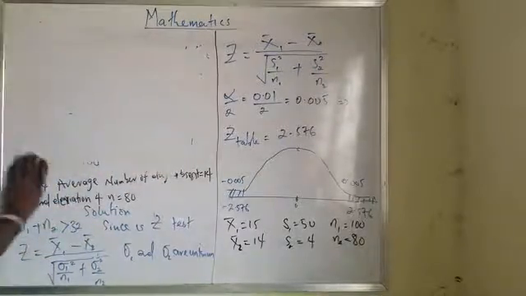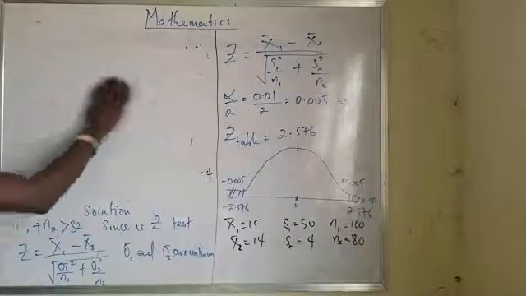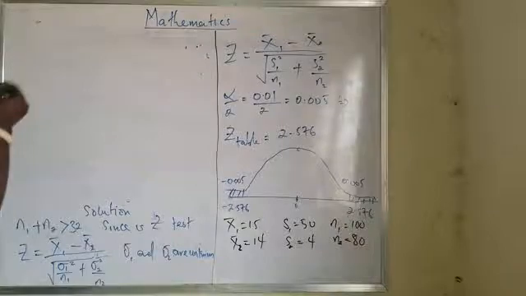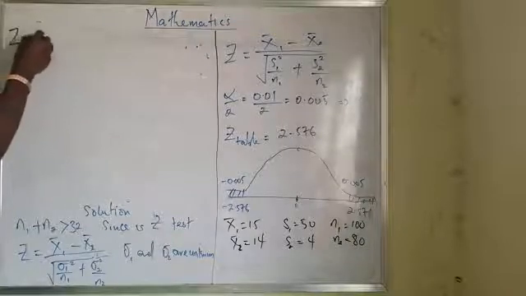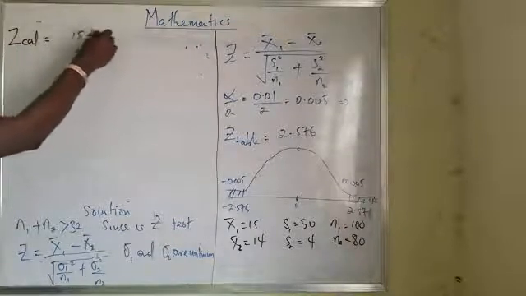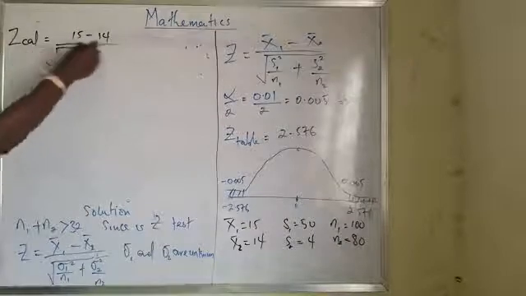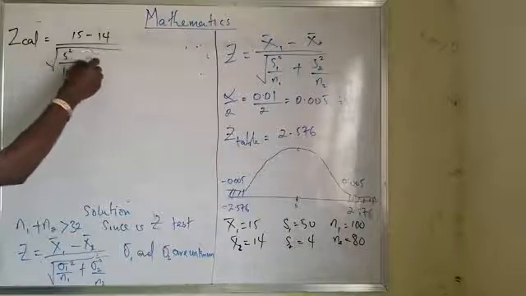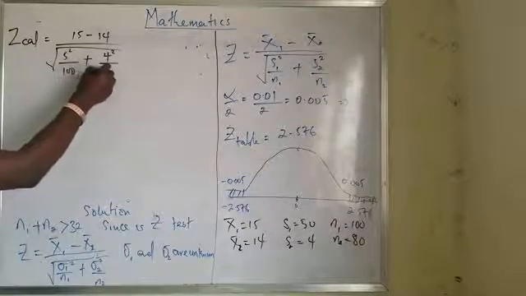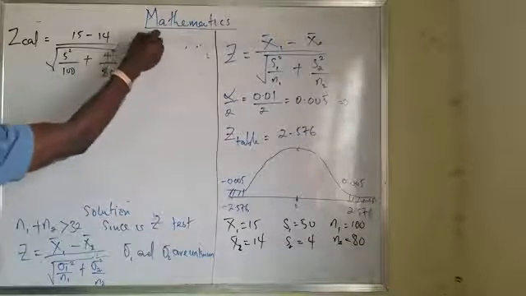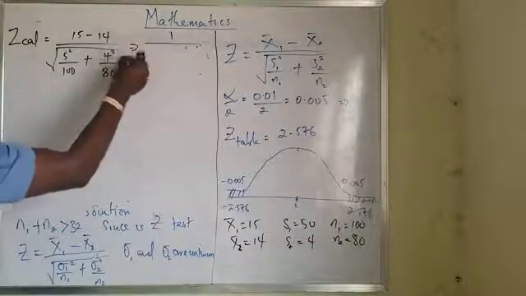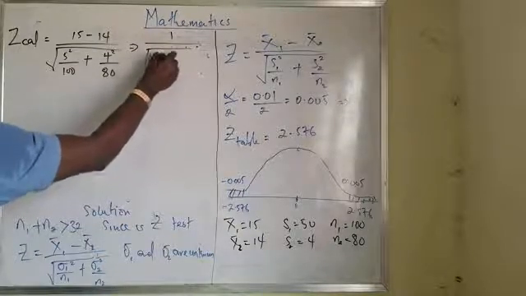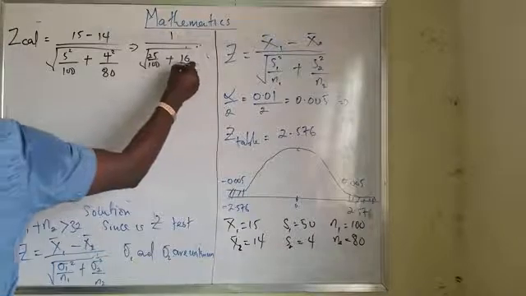Now I'm computing. My z calculated equals 15 minus 14 divided by the root of 5 squared divided by 100 plus 4 squared divided by 80, which implies 1 divided by the root of 25 divided by 100 plus 14 divided by 80.